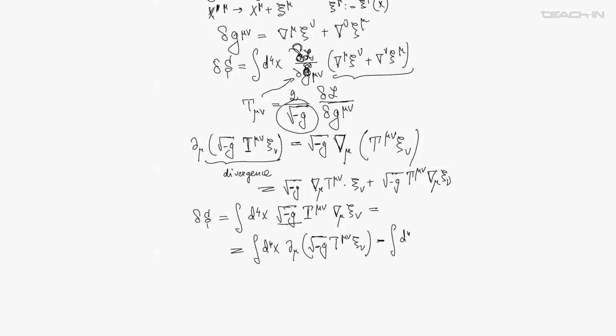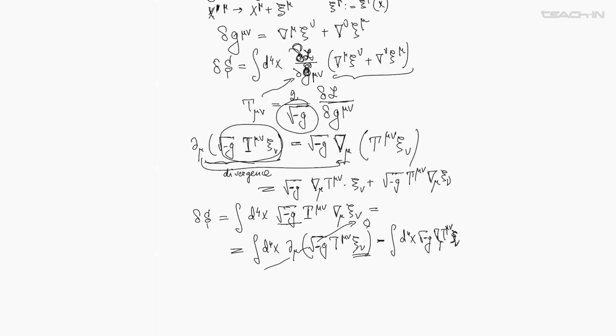But this I can write in terms of the covariant derivative: square root of minus g ∇_μ T^{μν} multiplied by ψ_ν. Now, if we assume that the fields ψ_ν vanish at infinity, then the total derivative term does not contribute. It gets out.